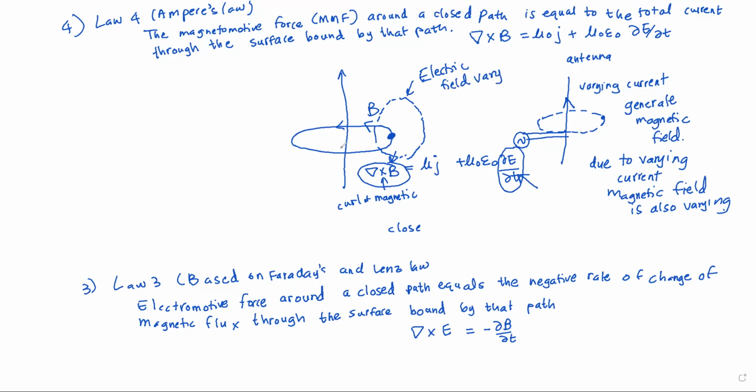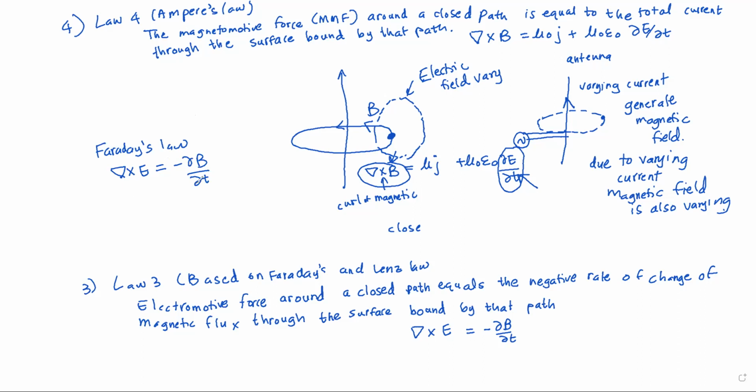And now the electric field is behaving according to Faraday's law, right? So we can write another equation after this to remind ourselves of Faraday's law. Faraday's law says that if there's a curl of electric field somewhere in space, it is due to some magnetic field changing with time, right?